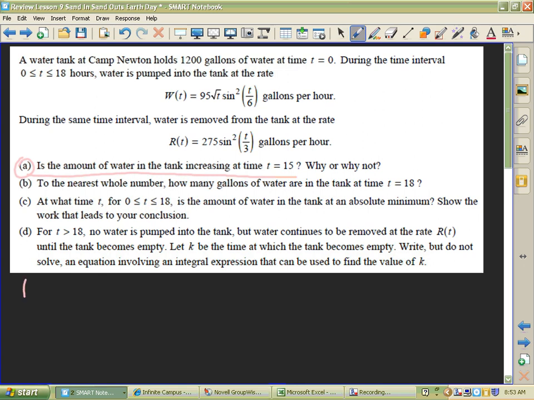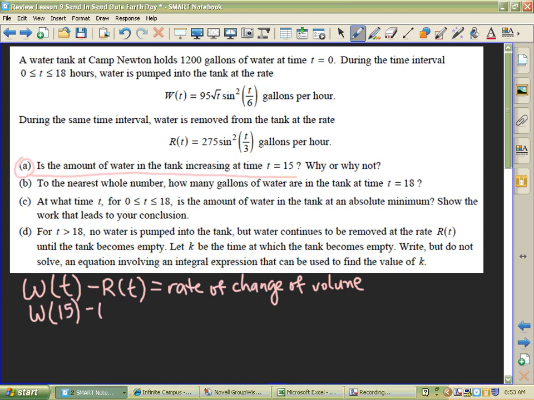So here's what we're going to do. W of t is how the water is going in. R of t is how the water is going out. So this is the rate of change of the volume of the water. So I got to find out what W of 15 is minus what R of 15 is. And some of us have been lax in this, I want to say what that number is.